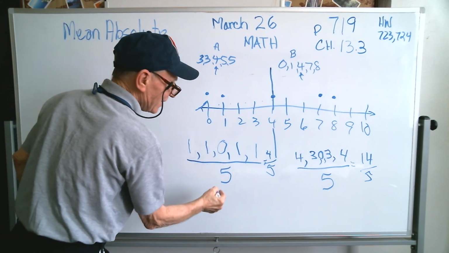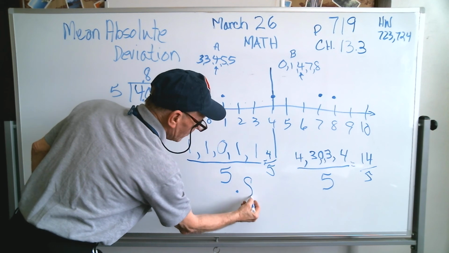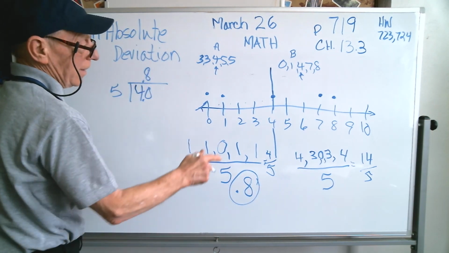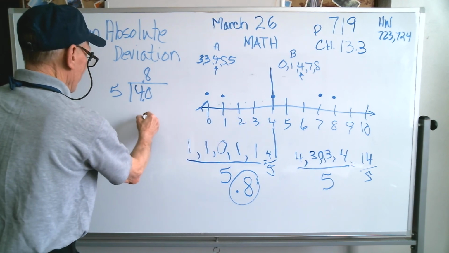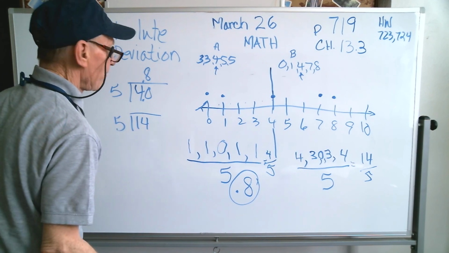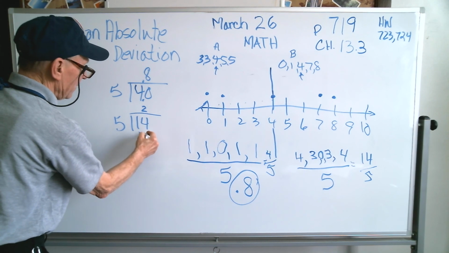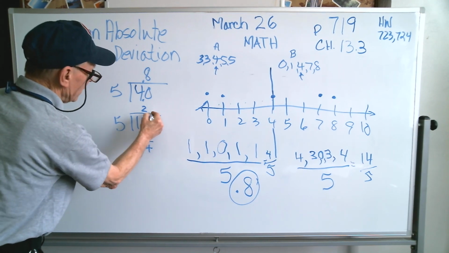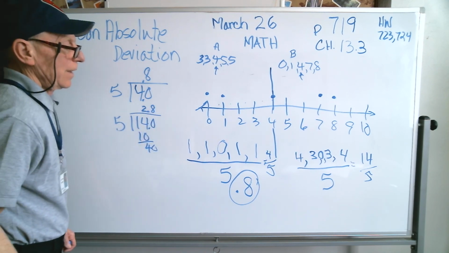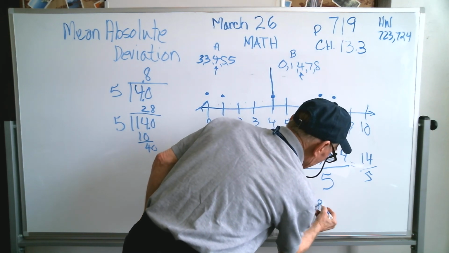So this is going to have a deviation of 0.8. 14 divided by 5. 5 goes into 14 twice. 10. 4, let's add a 0 here. This deviation then is 2.8.